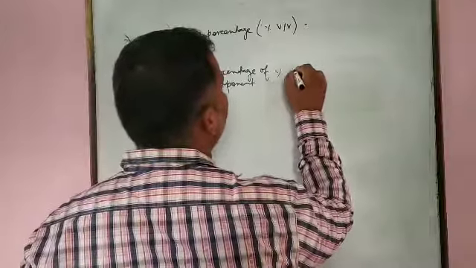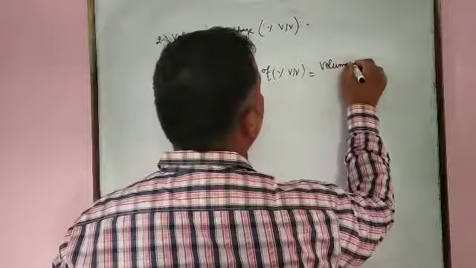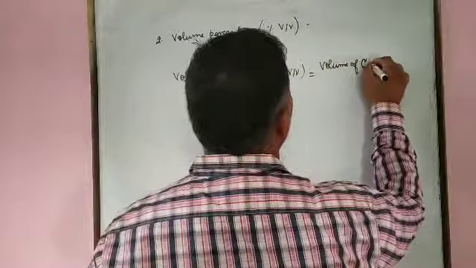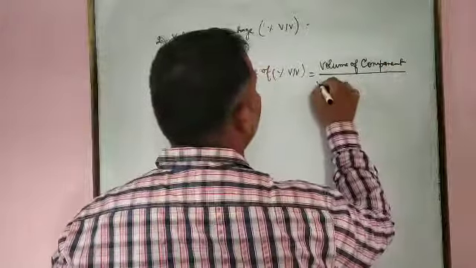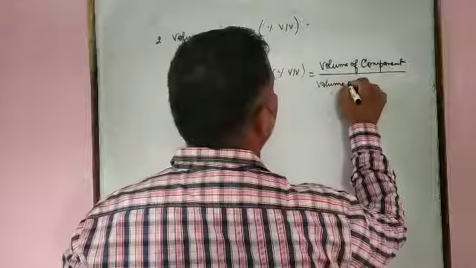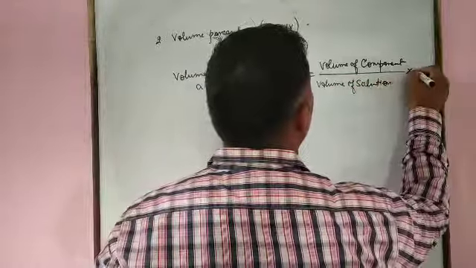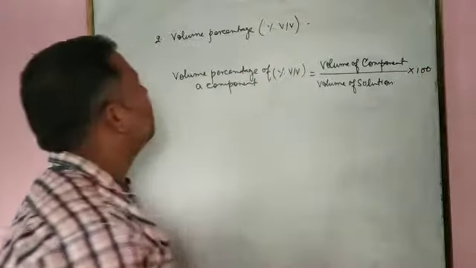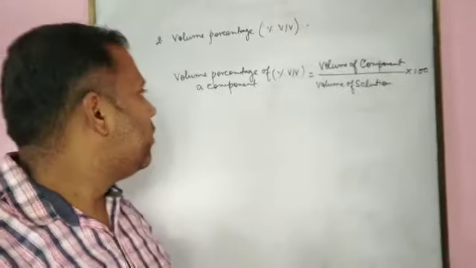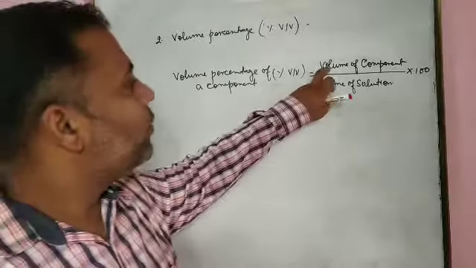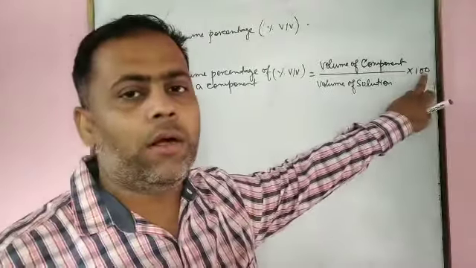Percentage P by V is equal to the volume of the component divided by the volume of the solution multiplied by 100. This is volume percentage, that is percentage P by V, which means volume of the component divided by volume of the solution multiplied by 100.